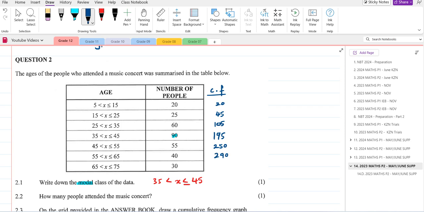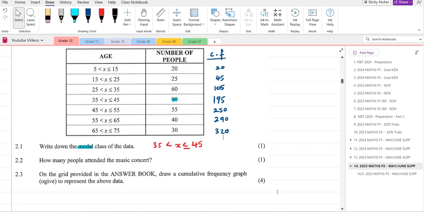Right, and plus 30 is 320. Or you can just add up everything. So how many people attended the music concert? 320.